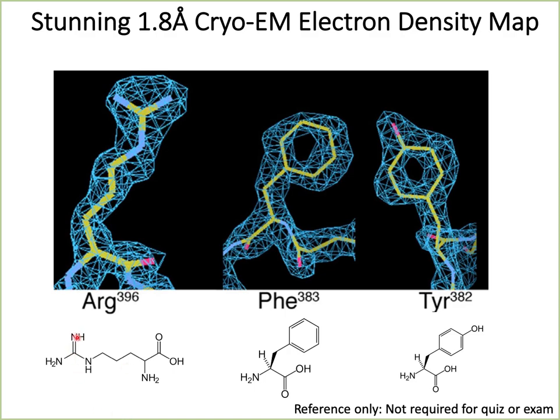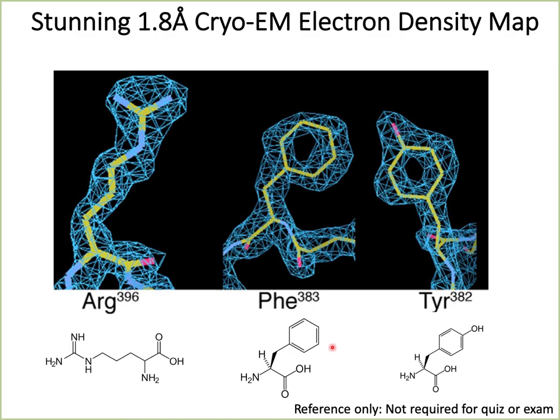This end of the arginine molecule is right over here, and it goes on around this. The oxygen is right here. This is phenylalanine. You can see the ring right here, and this is the rest of the molecule. On the other hand, this is a tyrosine, and you can see that the rest of the molecule is the same. Look at the beauty of that.